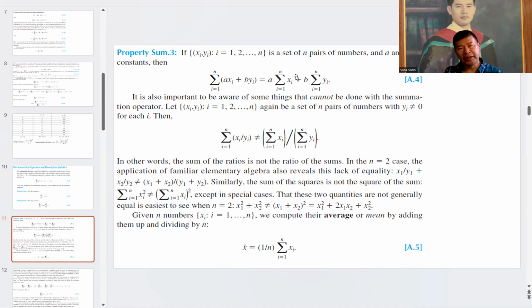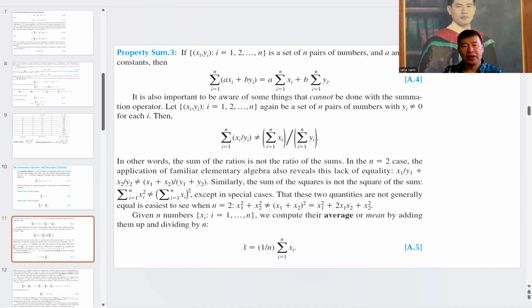So you can break it down into two parts like that: a, because a is a constant or multiplier, times summation i = 1 to n of x_i, and b is the constant or intercept multiplied by summation i = 1 to n of y_i. Or x_i divided by y_i: when you break it down, it becomes summation of x_i divided by summation of y_i.